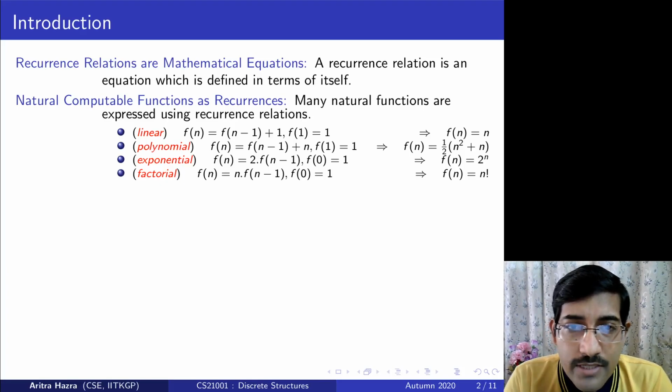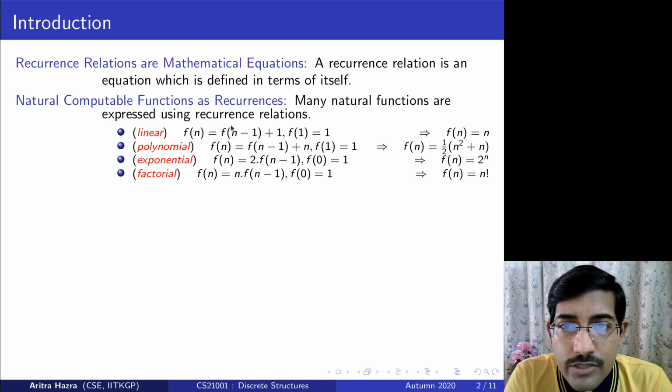As you can see, we could have linear functions which we could describe as f of n equal to f of n minus 1 plus 1, which means that this function depends upon the previous value of the function, with n minus 1 as input, and I add 1 to the answer.